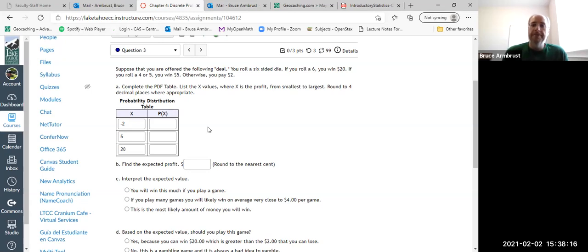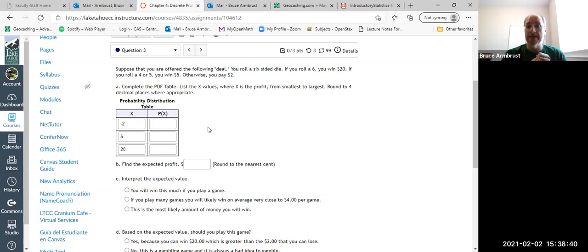All right, so this is the first thing that's a little bit tricky when you have something like this one, is that sometimes we don't think about results as being negative, but this can definitely be negative. I can be out $2 really easily, right? I roll a 1, 2, or a 3, and I lose $2. So that's actually a negative result for me.